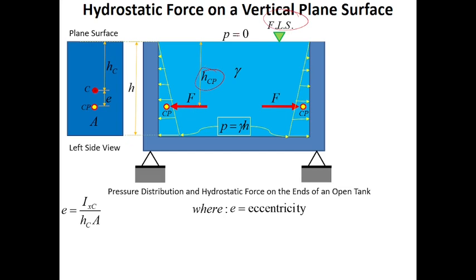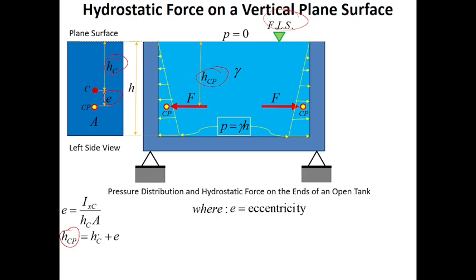Yung vertical distance na yan, HCP, from the free liquid surface to the center of pressure. Okay, wherein HCP ay equal sa HC plus E. No? HC plus E equals HCP.